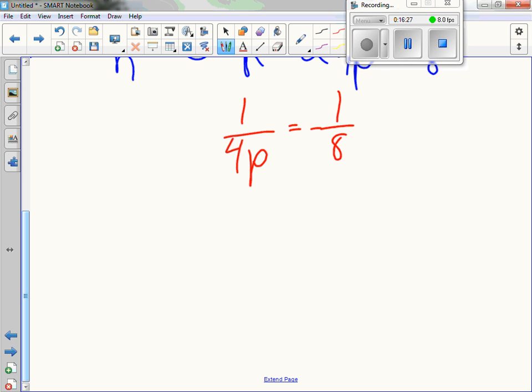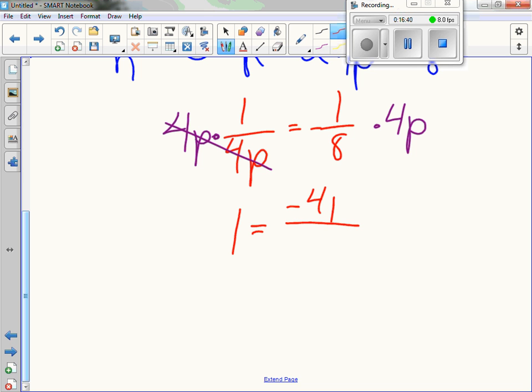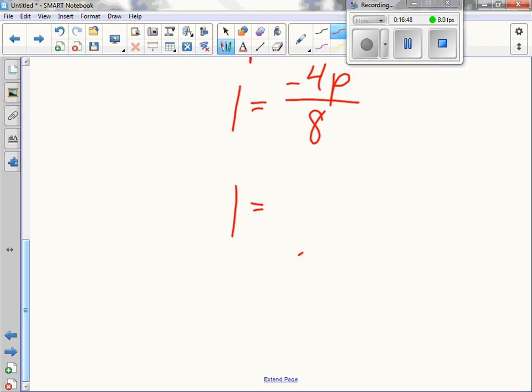So our first step is going to be to multiply both sides by 4p, because 4p and 4p cancel out. So what I'm left with is 1 is equal to -4p over 8. It will reduce down to 1 over -p over 2, because 4/8 reduces to 1/2.